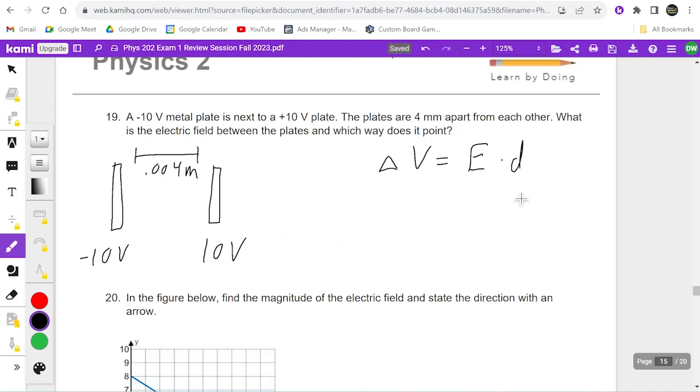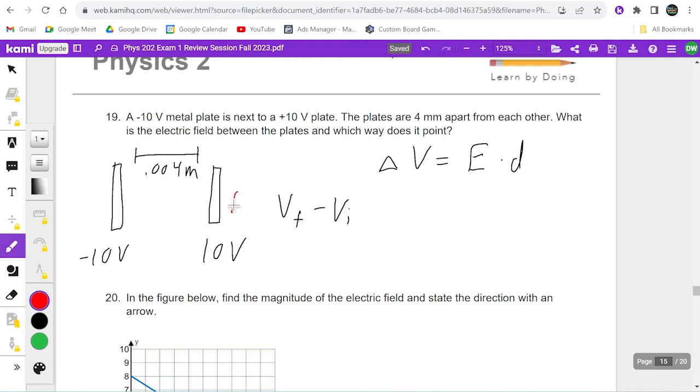So it looks like I have the distance, pretty easy. Can someone tell me what delta V is? Here's what I'll tell you it's not. A lot of people say 10. It's not 10. Because remember, delta V is V final minus V initial.